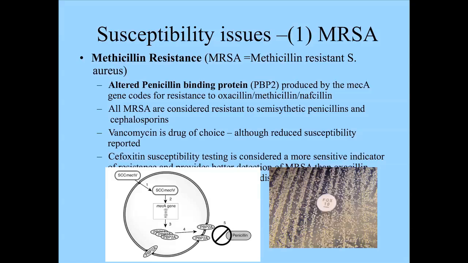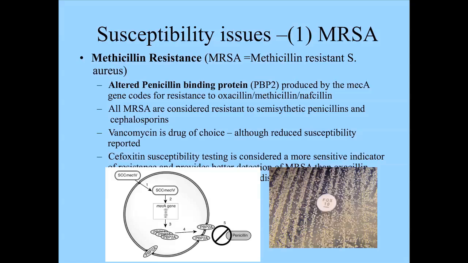MRSA stands for methicillin-resistant Staph aureus and is due to altered penicillin binding proteins, or PBP2. These are produced by the mecA gene and code for resistance to oxacillin, methicillin, and nafcillin. All our MRSAs are considered resistant to semisynthetic penicillins and cephalosporins.